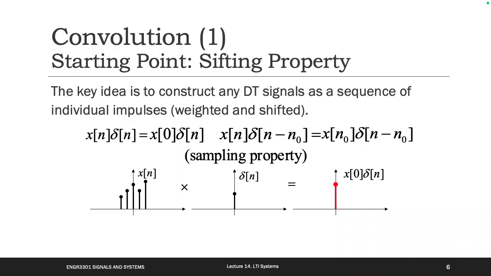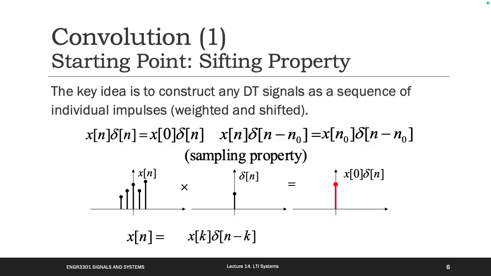Otherwise, it will be 0. So which means you only get this value. This property we call the sampling property. Do you remember? Okay.